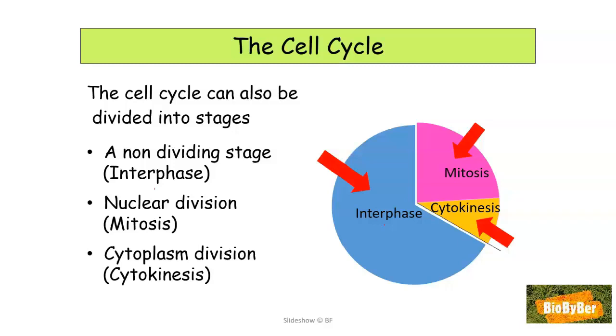Now, strictly speaking, the objective of this video is to have a detailed understanding of the process of mitosis, or the process of nuclear division. An understanding of the cell cycle stages helps the understanding of mitosis.